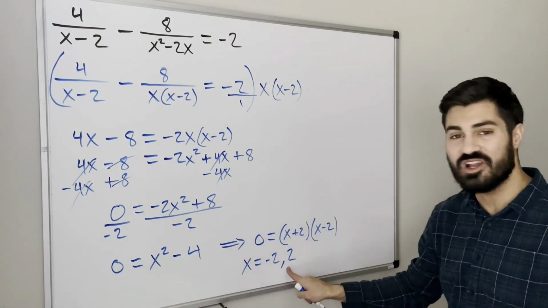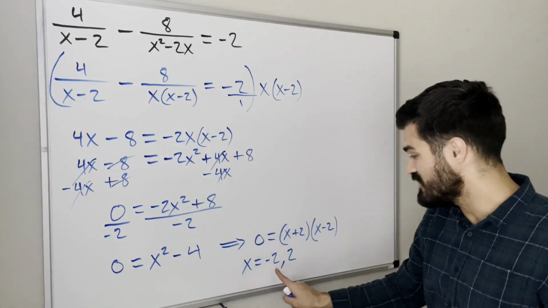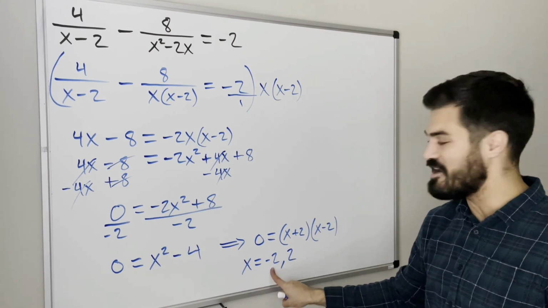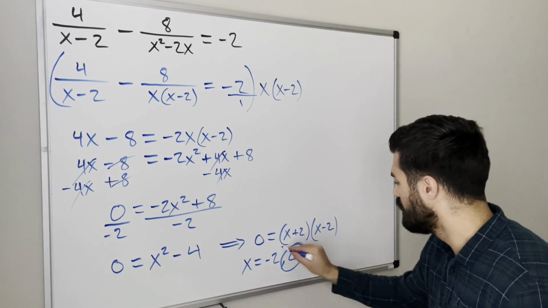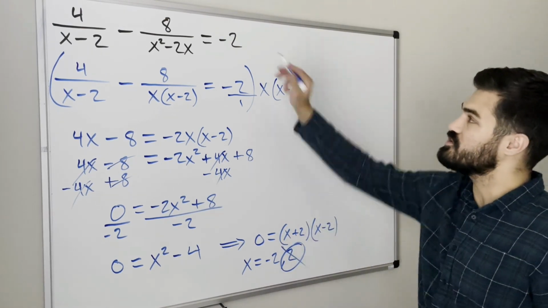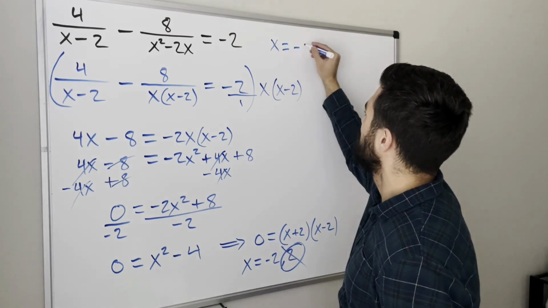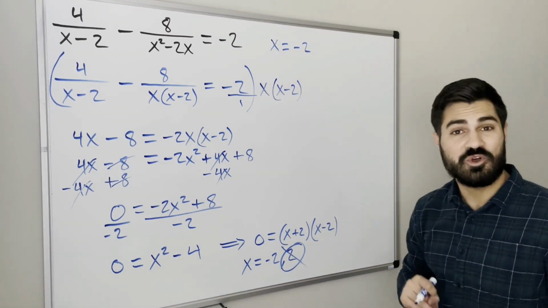So 2 does not work as a solution to this original equation. Turns out that -2 does work, and if you want to write all that work out to check this, I encourage you to do that on your own. But 2 does not work. That is not a solution. So the solution set to this original equation is -2. X equals -2. Hopefully that example helped and made sense.